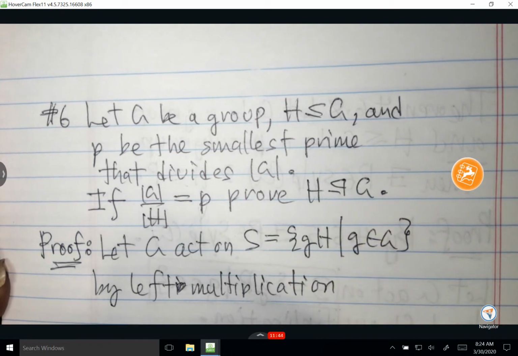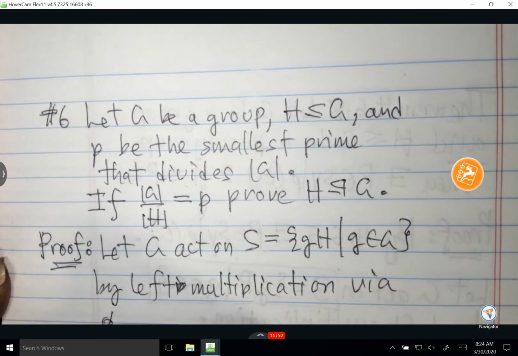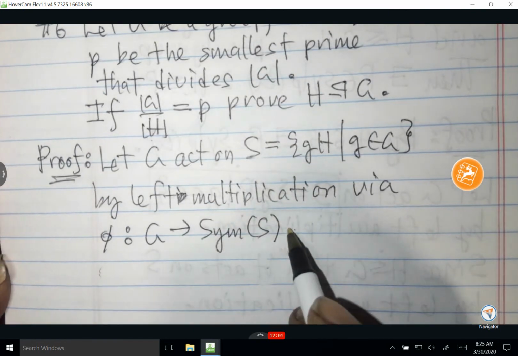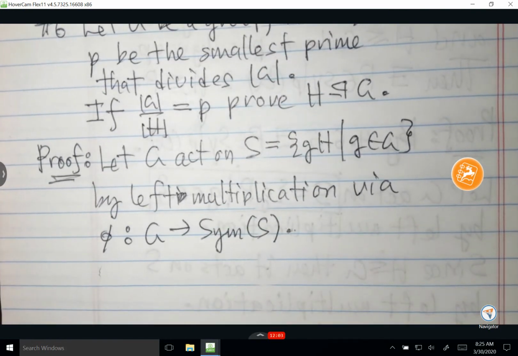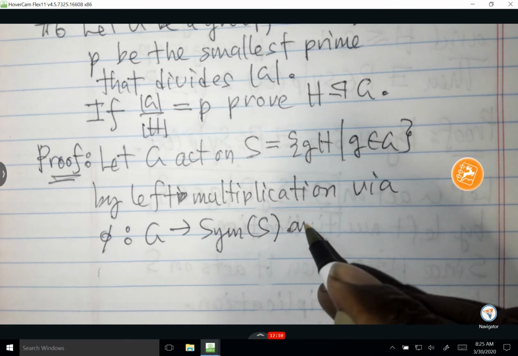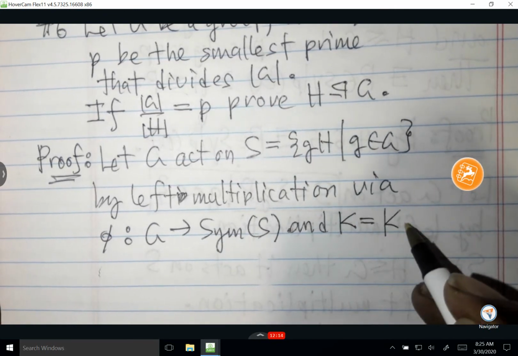And now I need to mention the map behind the action, because we have to examine its kernel, via the map phi from G into Sym S. And let's give its kernel a name. Let K be its kernel.